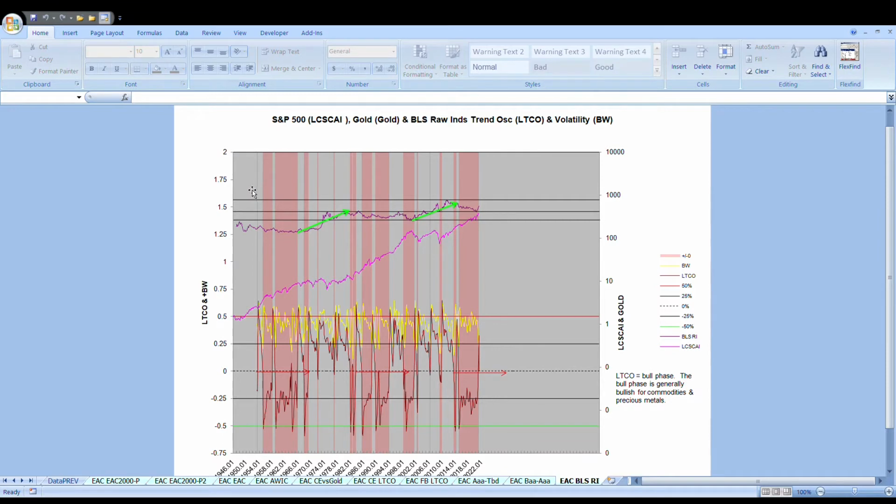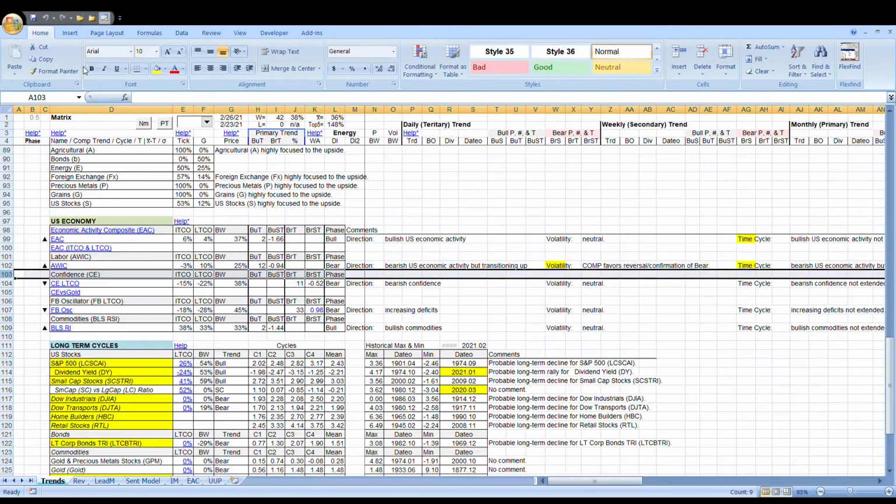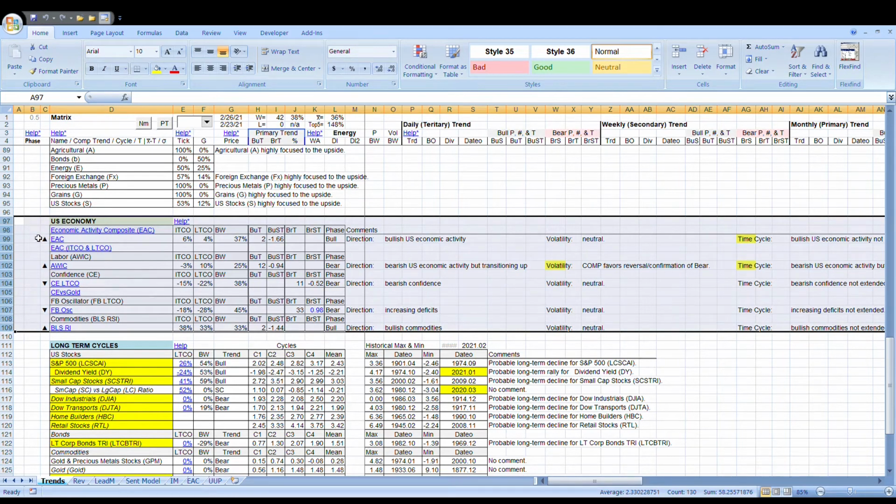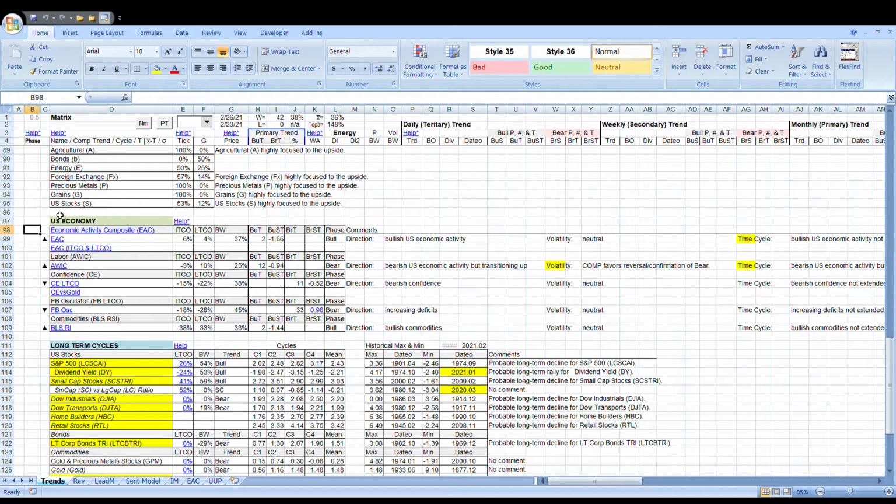So this is the EAC section of the Trends tab. This is an important part of whether the economic activity is up or down. The EAC is a real-time indicator. It's based on data series that are not often revised, and very few of them put out by the government, because the government tends to put out economic data that's often revised and not very reliable.